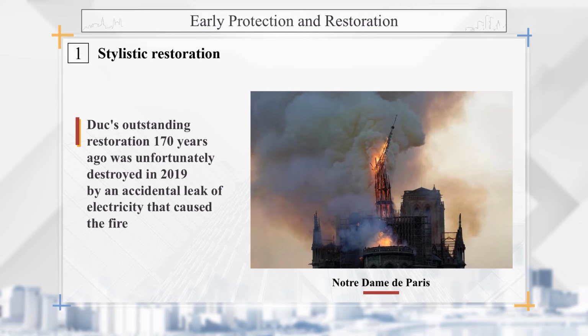It is not difficult to see from the case of Notre Dame restoration that the theory of stylistic restoration provides more freedom for restorers in the process of restoration, and thus leads to a trend of more radical and thorough restoration.